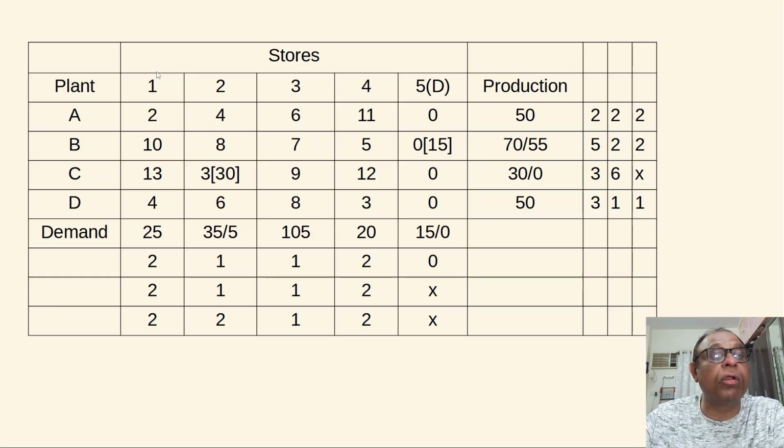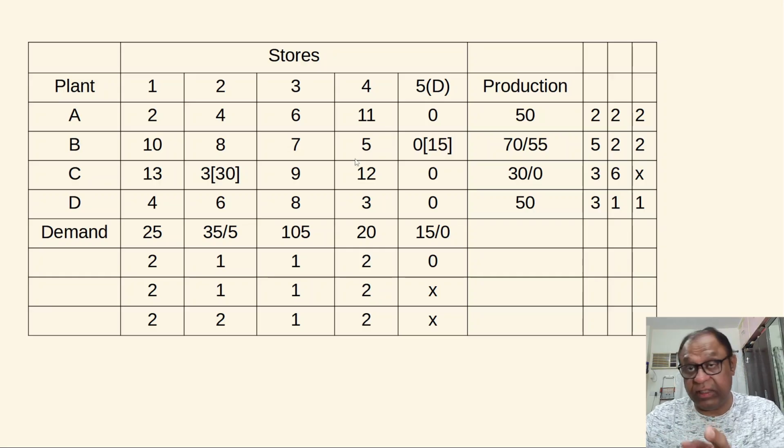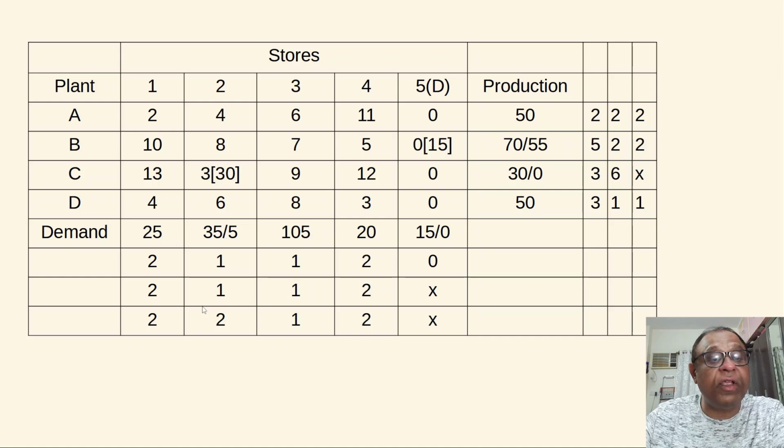Similarly for column number 1, penalty 2, the least cost is 2 once again. But if you go to row number 2, the least cost here is 5, which is higher than 2. And if we come to column number 2, the least cost here is 4, which is again higher than 2. So naturally, we have to select 2.